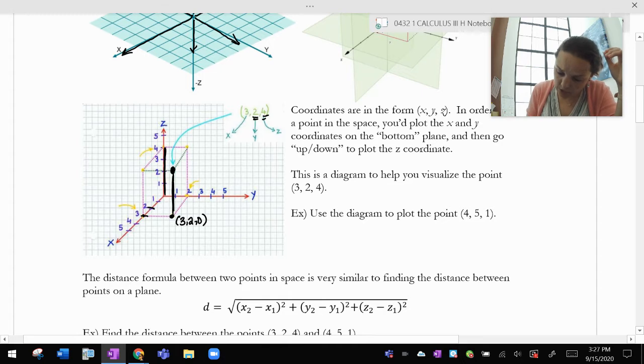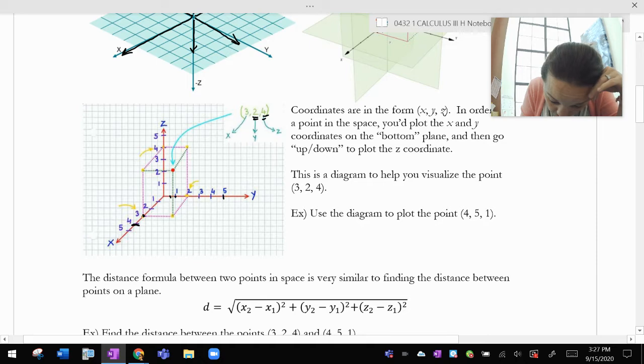So if I wanted to use this diagram to plot the point 4, 5, 1, 4 is down here. 5 is over here. So 5 is technically 10 boxes over.